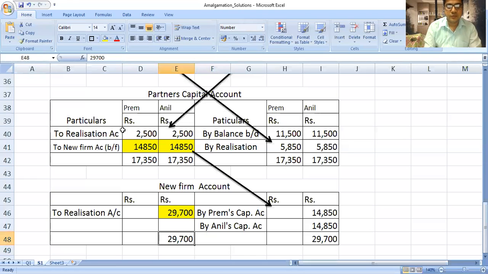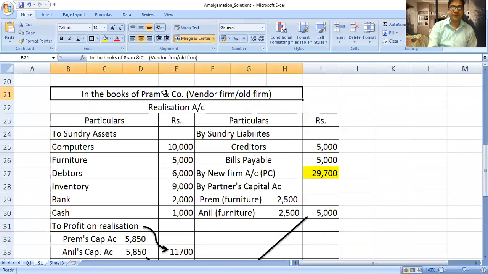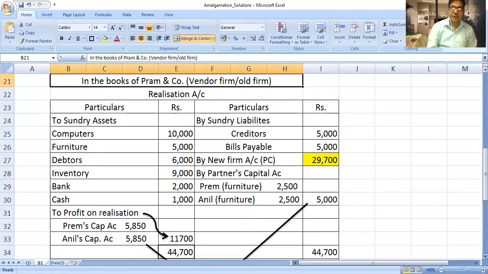There is no issue. It means in the books of Prem and Company, the vendor firm, how we prepare realization account, partners capital account, and new firm account, that we have studied.